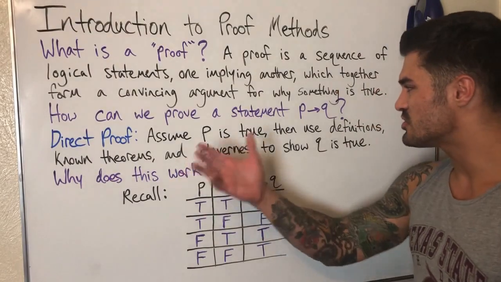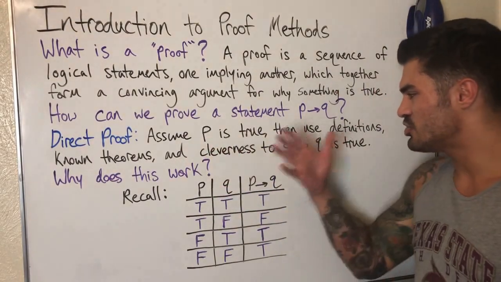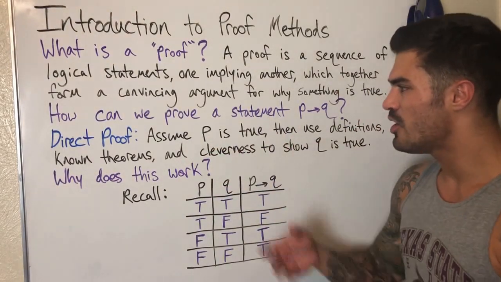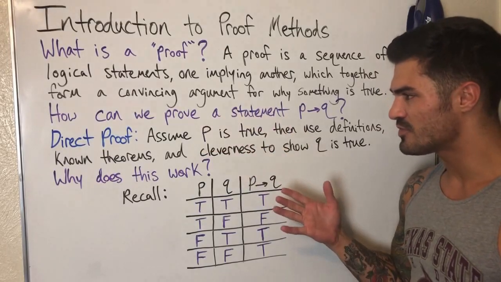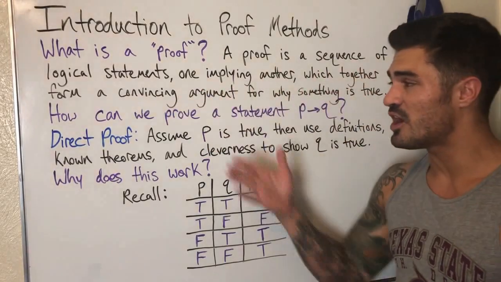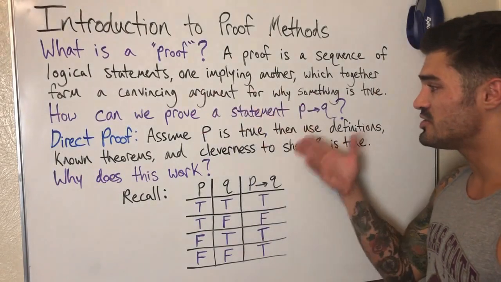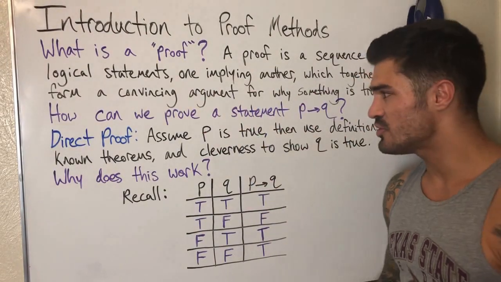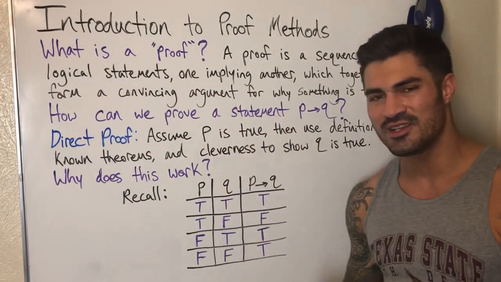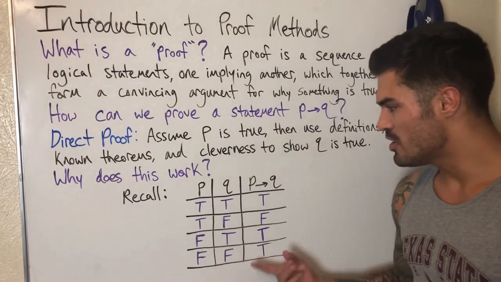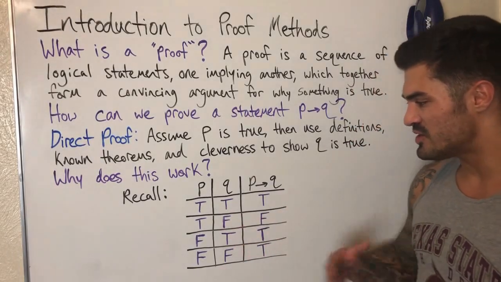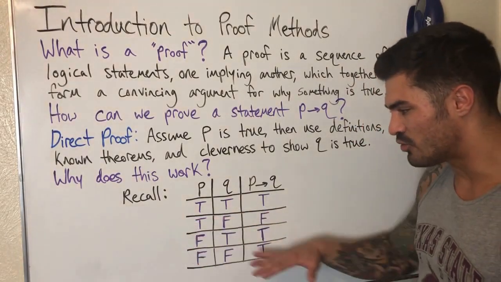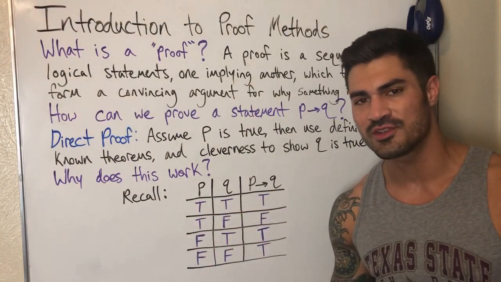So why does assuming P is true and showing Q is true work? Well, when we assume P is true, and we write out a sequence of logical statements that all lead to Q being true, that shows that P being true guarantees that Q is true, right? Which means that, the way I think of it at least, is we sort of eliminate this second row from the realm of possibilities, okay?